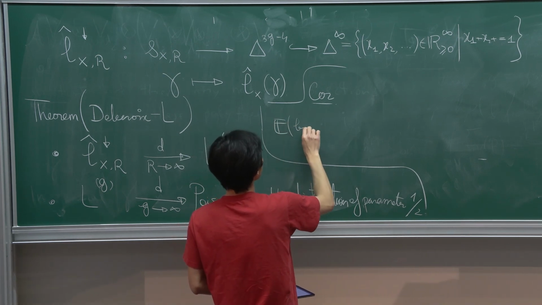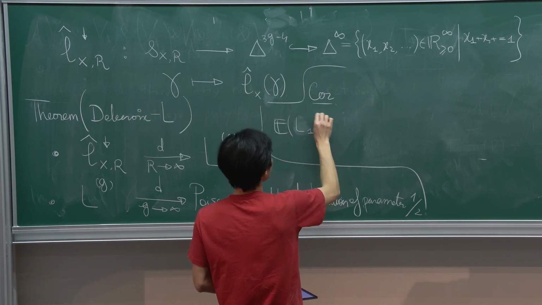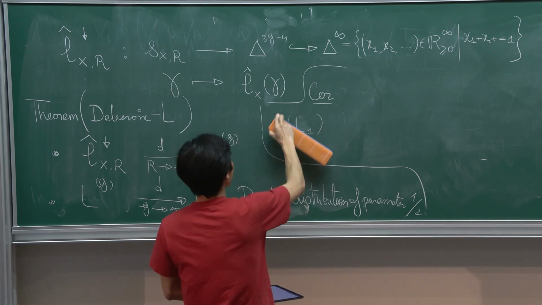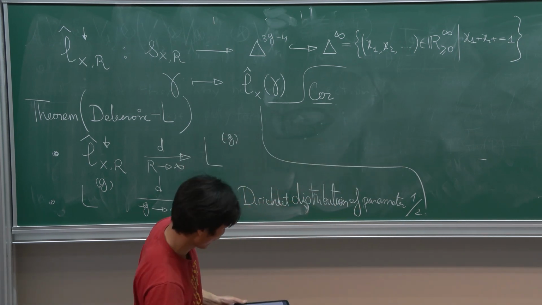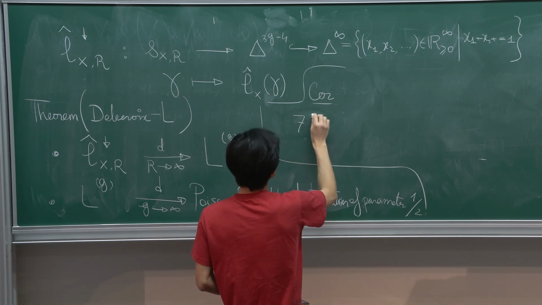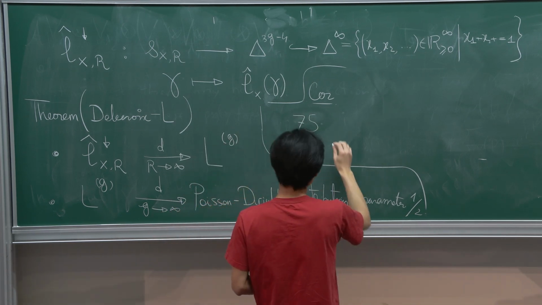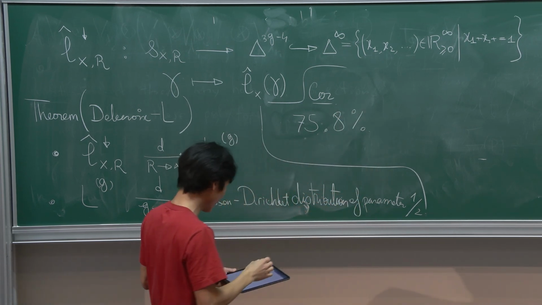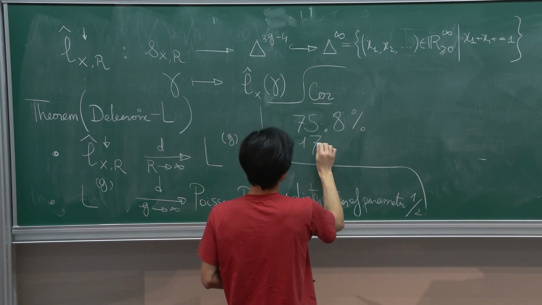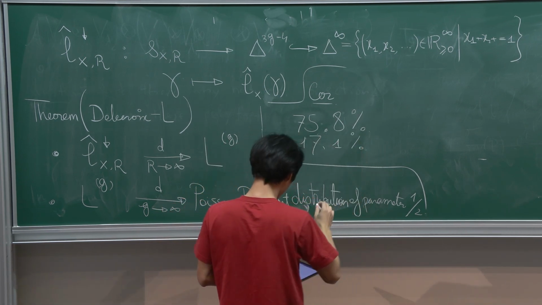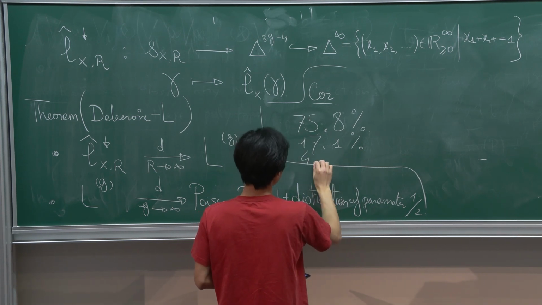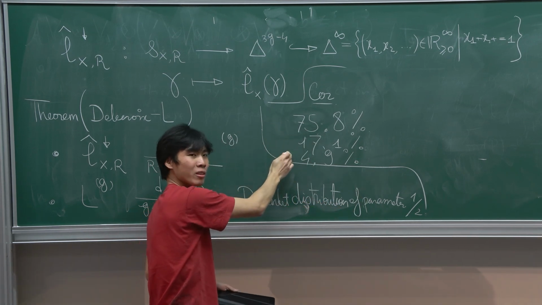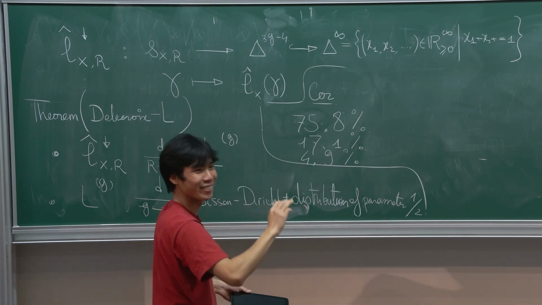The longest will be, on average, 65.8% of the total length. The second one will be something like 16%, and the third will be something like 4.9% of it. The longest, second longest, third longest of your multi-geodesic.